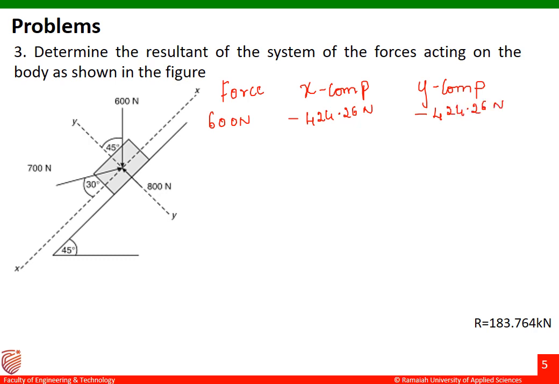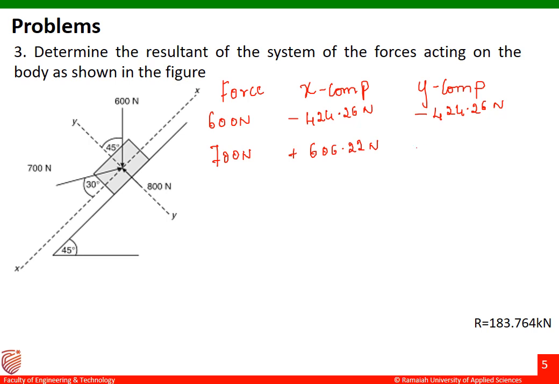So coming to the second one, that is 700 Newton, it is directed towards the fourth quadrant. In fourth quadrant, x is positive and y is negative there. That is 700 into cos 30 degrees. You'll get the answer as 606.22 Newton, and y component as 700 sine 30 degree.